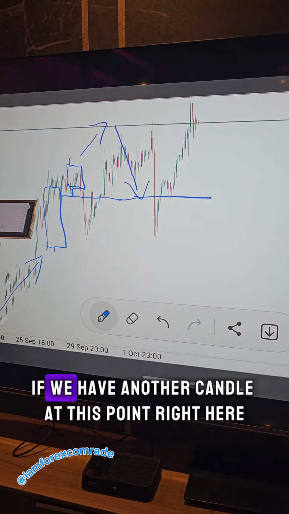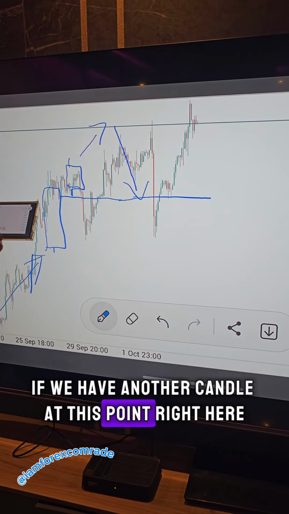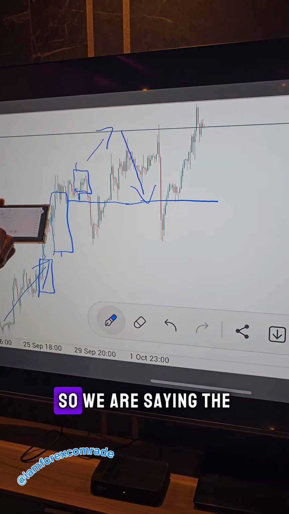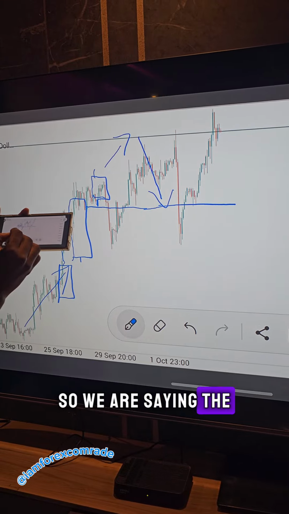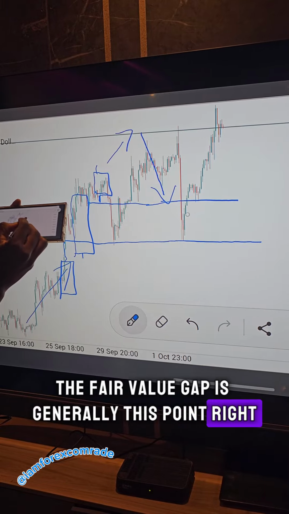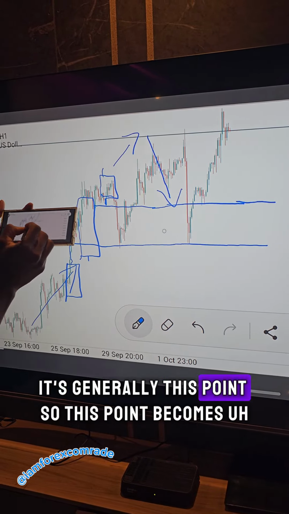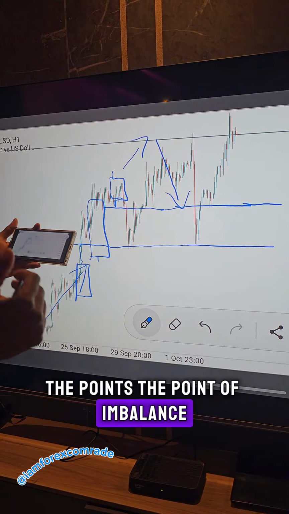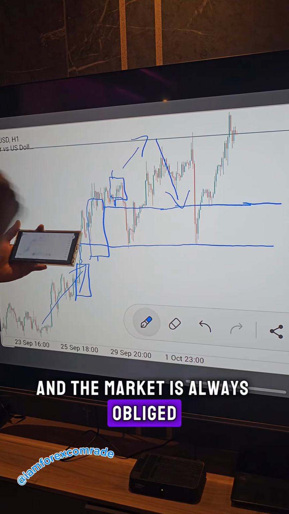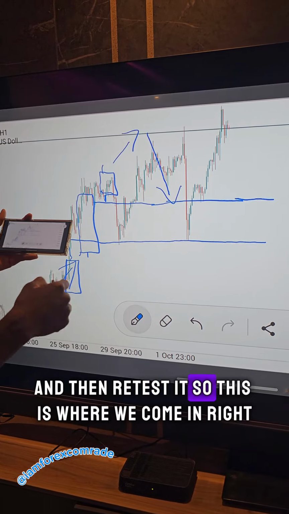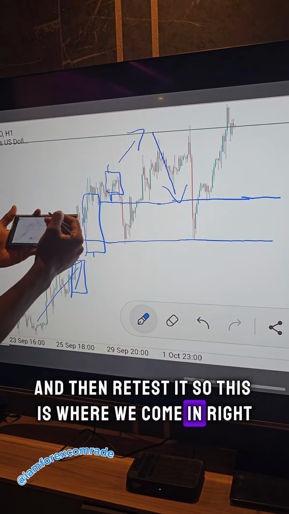So if we have another candle at this point right here and it has a wick up to this point, the fair value gap is generally this point, right? This point becomes the point of imbalance, and the market is always obliged to come back to this point and then retest it.